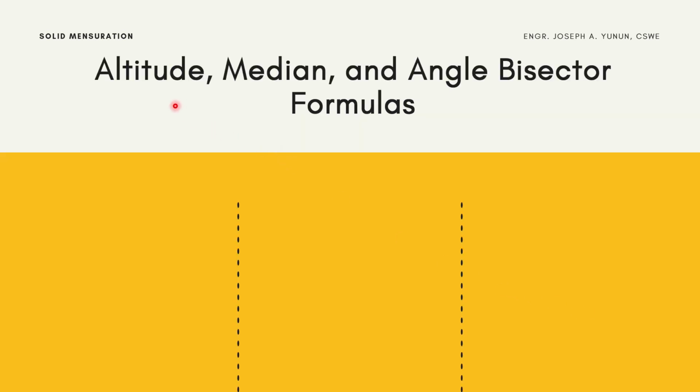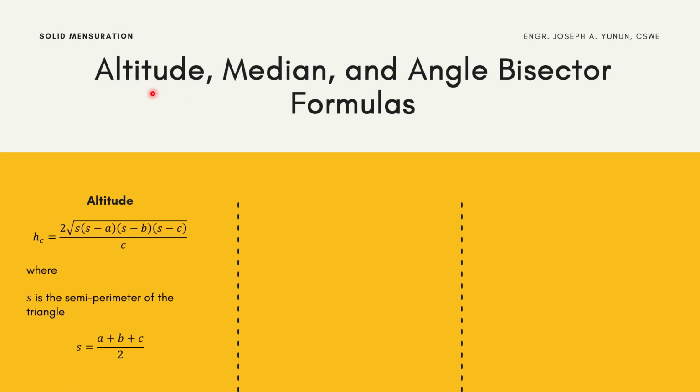So here we have the altitude, median, and the angle bisector formulas. Let's talk about the altitude. By definition, altitude, or the synonym of altitude, can also be called the height of the triangle. You have this formula for the altitude from vertex C, as shown in this given figure: twice the square root of the product of S, where S is the semi-perimeter, and S minus A, S minus B, and S minus C, where A, B, and C correspond to the sides of the triangle.